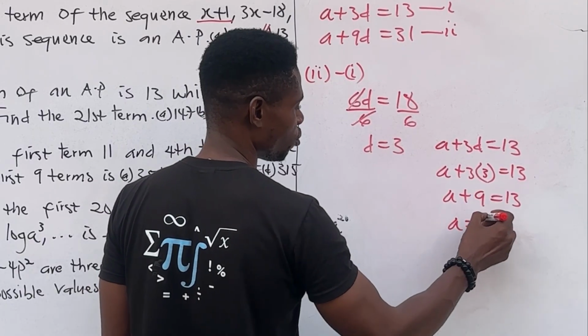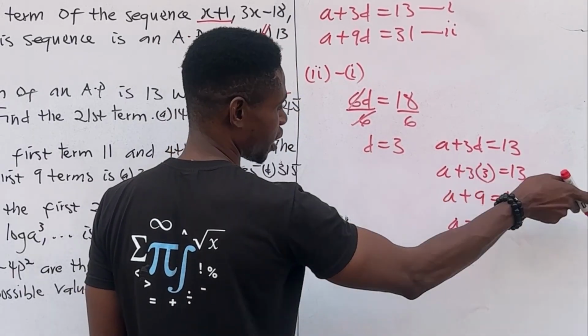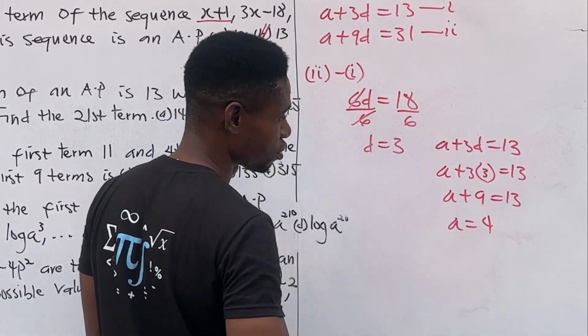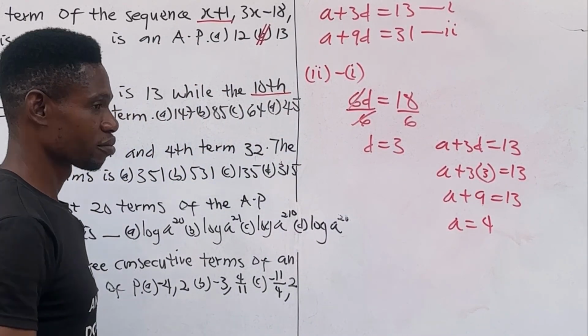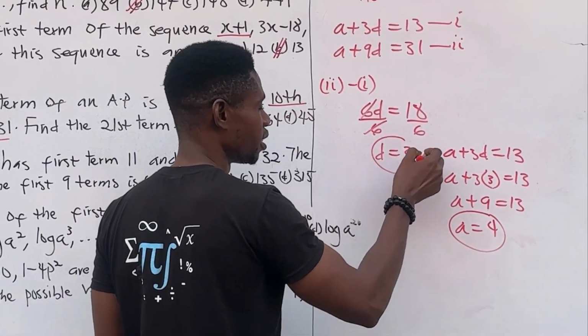A is equal to 4, because 13 minus 9 is 4. So our A is 4, our D is 3.